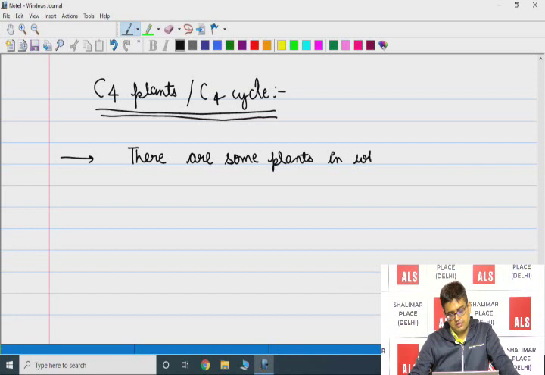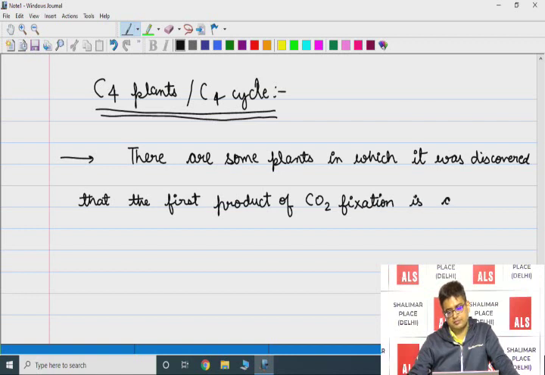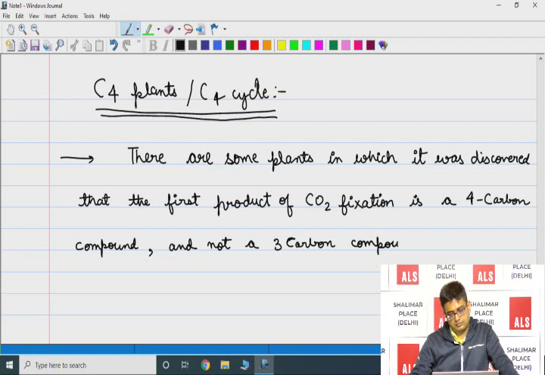There are some plants in which it was discovered that the first product of CO2 fixation is a 4-carbon compound and not a 3-carbon compound. So these plants were called C4 plants.